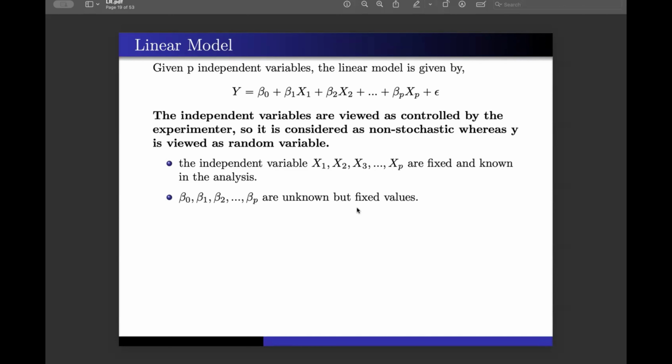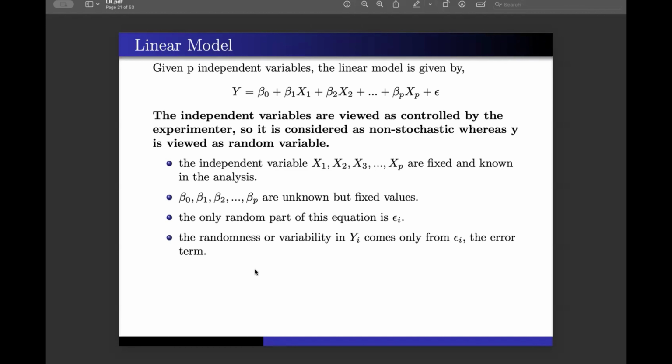But once you find the value of beta, it is fixed. Therefore we say that these betas are unknown but fixed quantities. So on the right hand side, the only random part we have in the equation is the error term. And thus, the randomness or variability in yi comes only from ei, the error term.